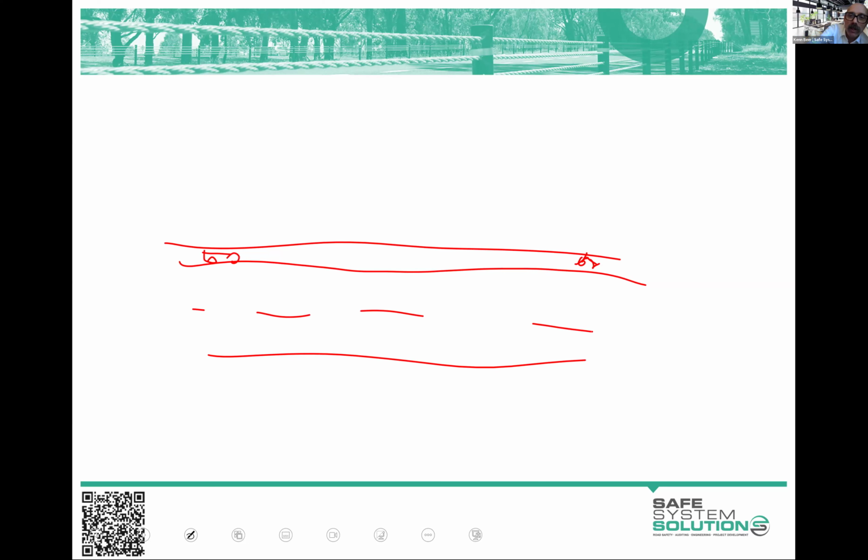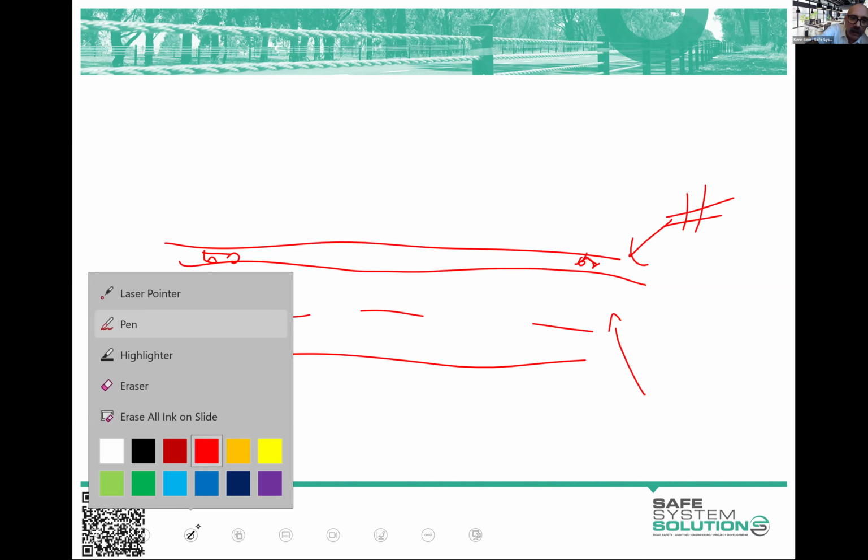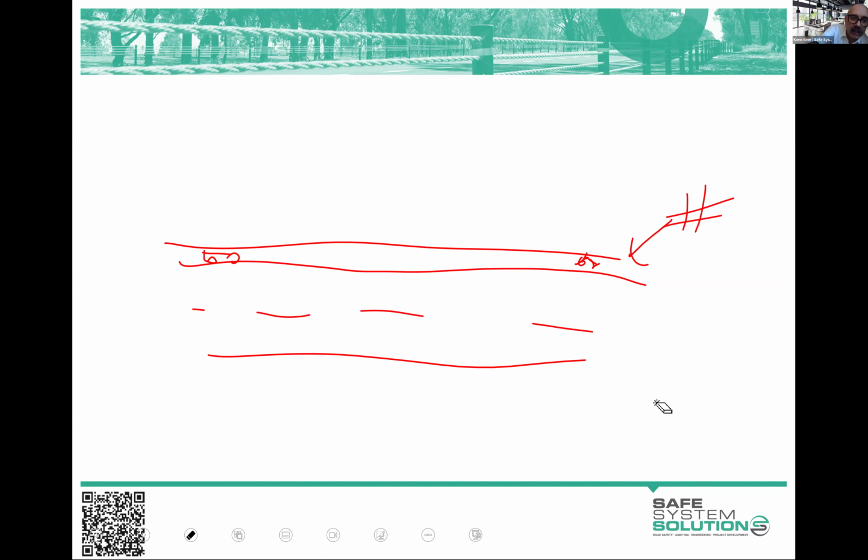The exposure of bikes to crashes is the number of bikes. The number of vehicles actually influences the likelihood of bike crashes. I don't want to confuse people at this stage, so let's just stick to bikes. The number of bikes is the exposure.